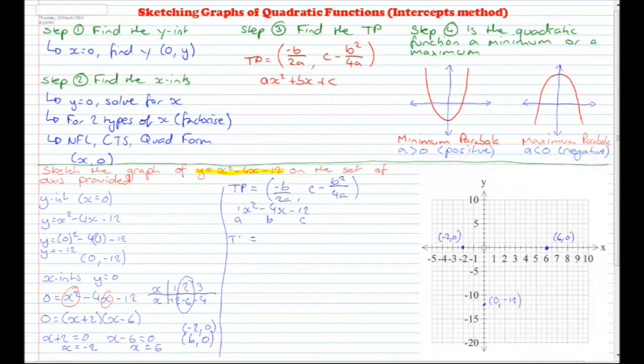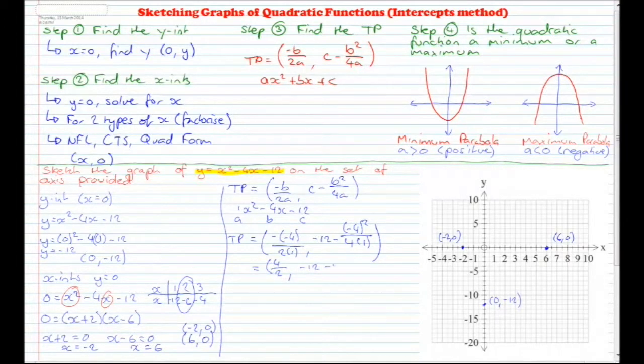So we get turning point is equal to negative b, so it's negative negative 4 over 2a, so 2 times 1, comma, c being negative 12, minus b squared being negative 4 squared over 4 times a being 1. So that therefore is equal to negative negative 4 becomes 4 over 2.